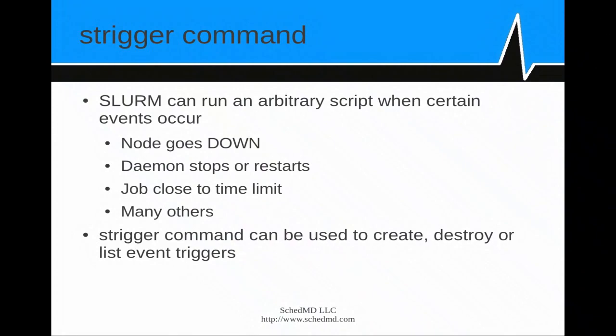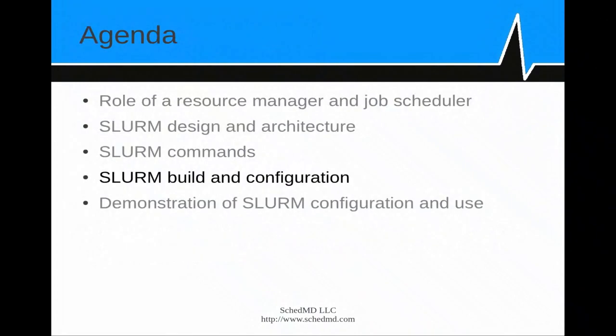The strigger command can be used to create, destroy, or list event triggers. It has an option for persistent triggers too, so that whenever any node goes down, it will execute the script, and you don't have to create a new trigger after it occurs.